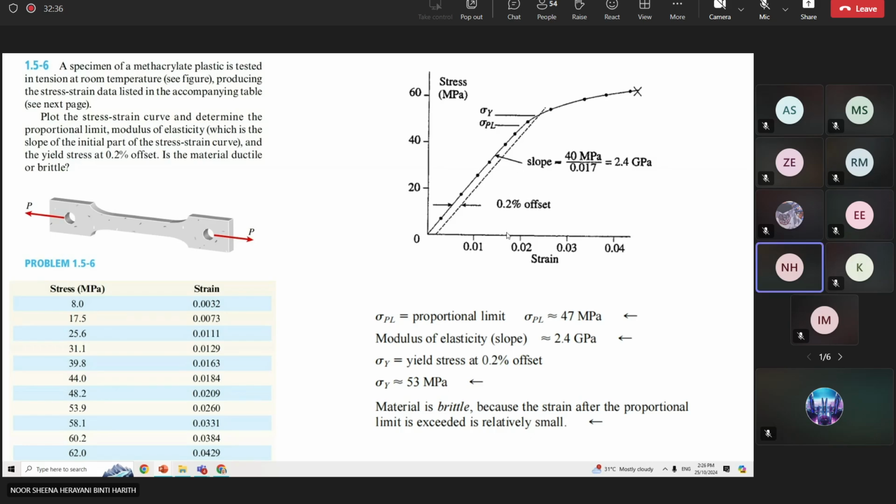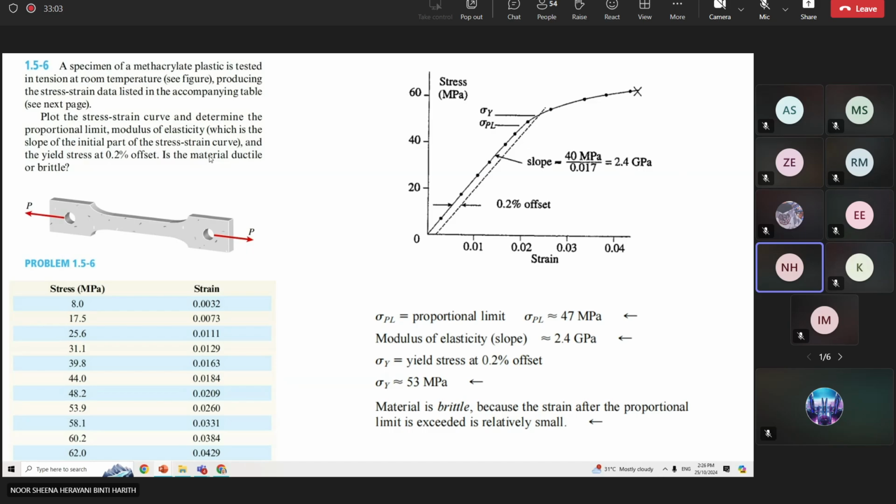We get the slope, called the modulus of elasticity, equal to 2.4 gigapascal. You get this value plus or minus. If you put any other point, you still get 2.4 gigapascal. So that's done for the modulus of elasticity.